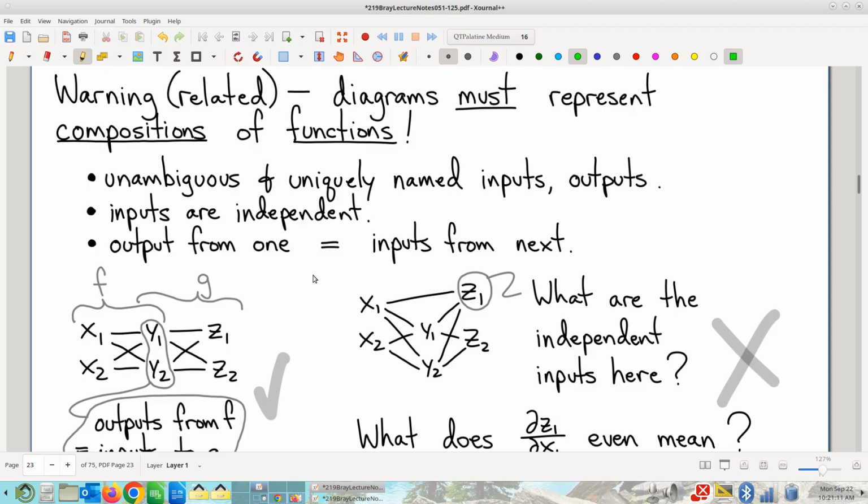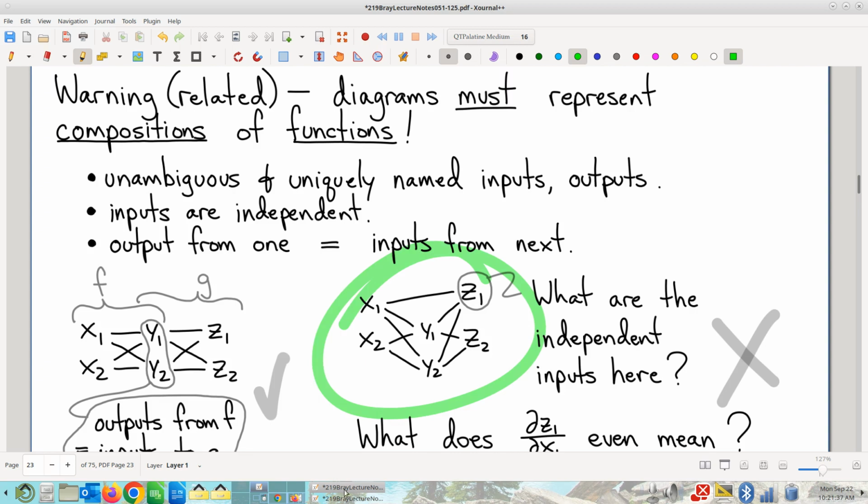So there is a point of view that moves away from thinking of it as a composition of vector-valued multivariable functions and toward a game that you play on diagrams. Now, here's the problem. Not every diagram comes from a composition of functions.